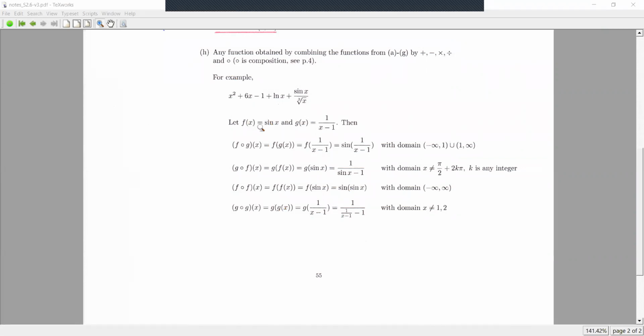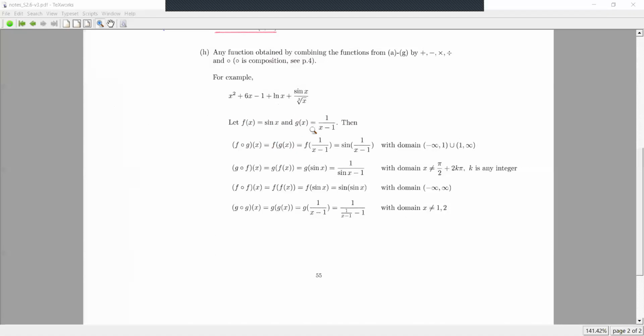Let function f be psi, function g be 1 over x minus 1. Then f circle g is a new function. How to get this new function? Plug in g in the x here. Namely, this new function is f of g of x.